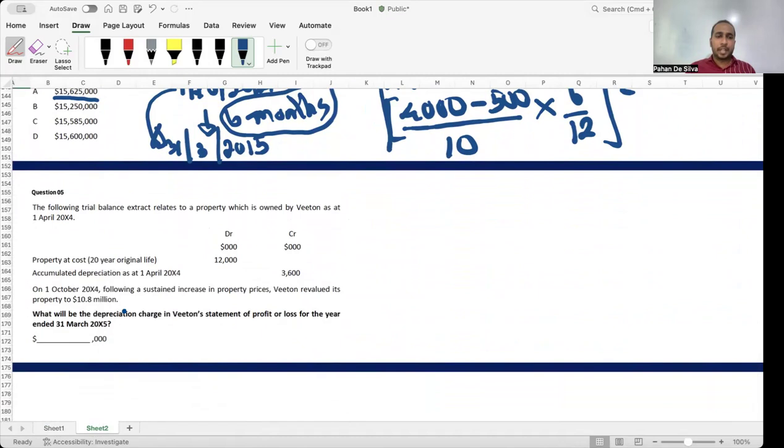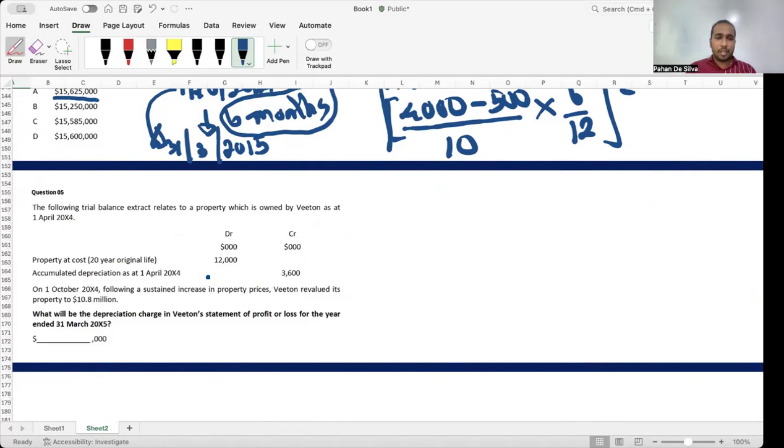Question number 5. The following trial balance extract relates to a property which is owned by Wheaton as at 1st April 2014. There are debit side and credit side, in $1,000 figures.